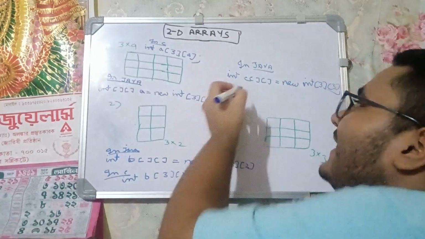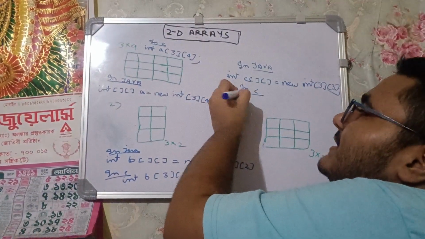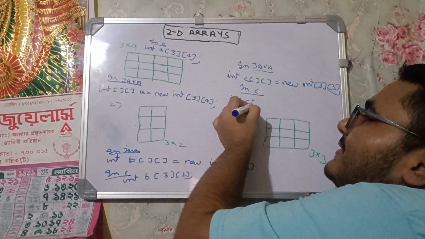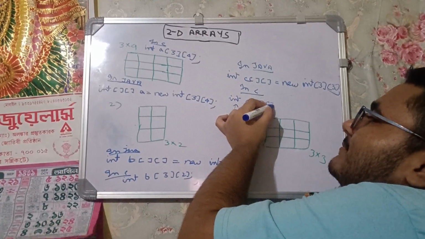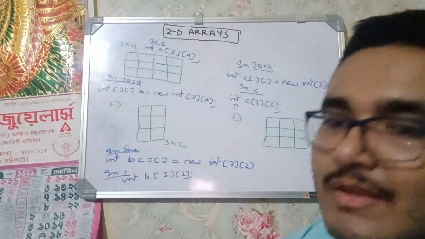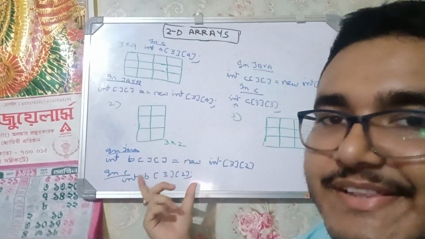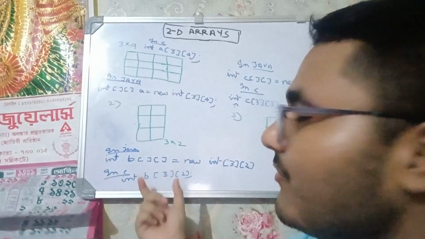Right? And in case of C, it will be int C[3][3]. Right? So this is the way of declaring the arrays in Java and in C.